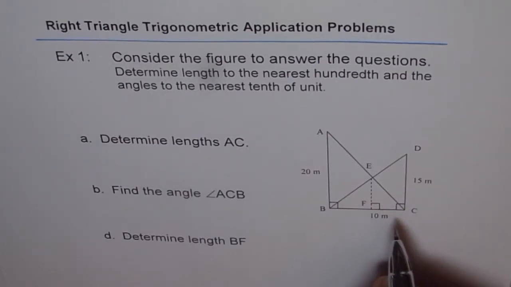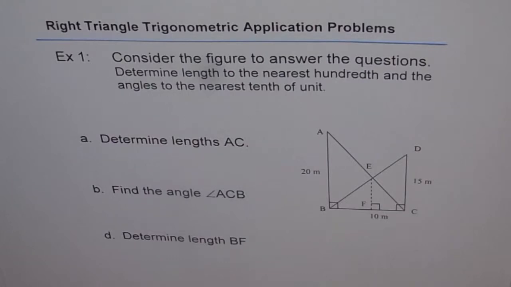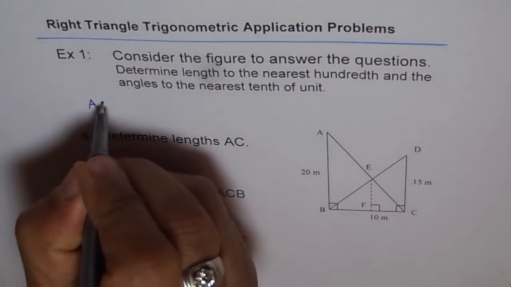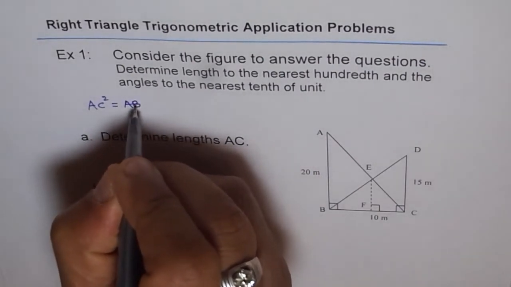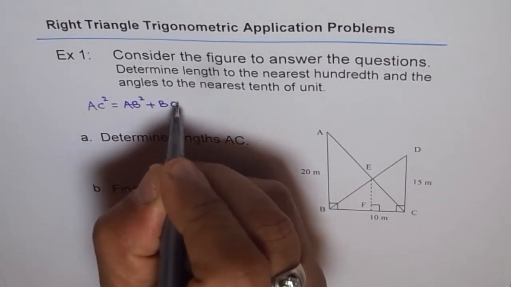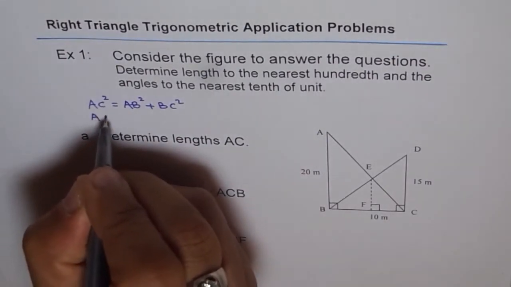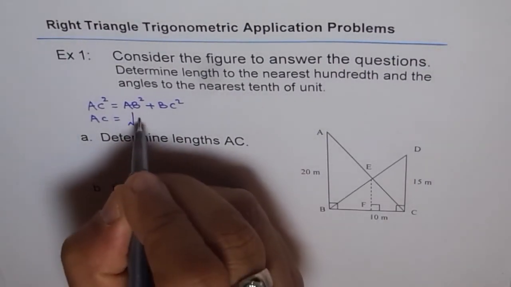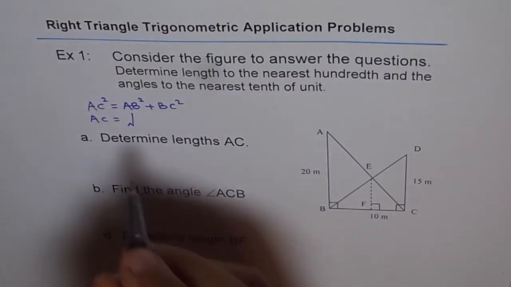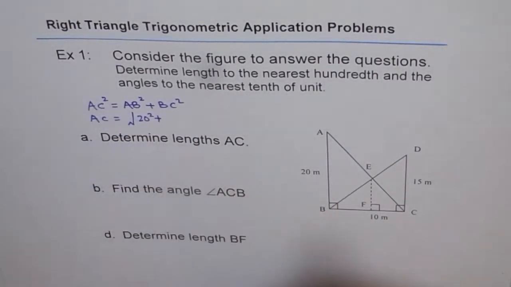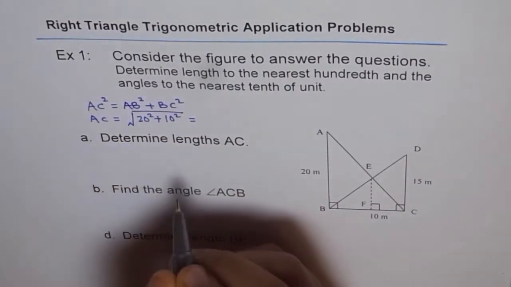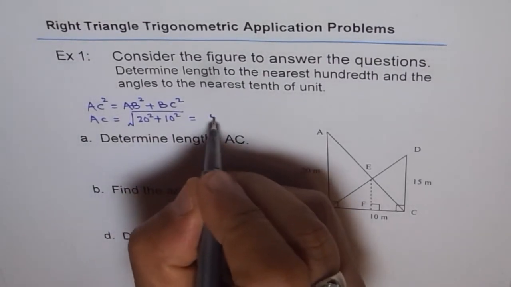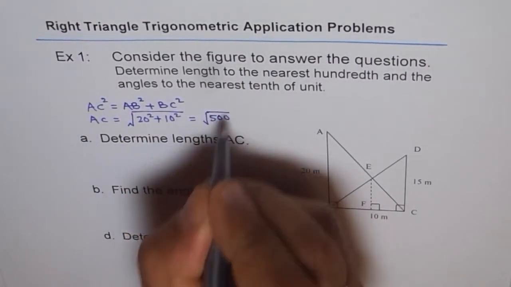So for using Pythagorean Theorem, let me write down the equation here for you. We say AC square equals AB square plus BC square. And therefore AC is equal to square root of, AB is 20, so 20 square plus 10 square, which is 400 plus 100, so it becomes square root of 500.